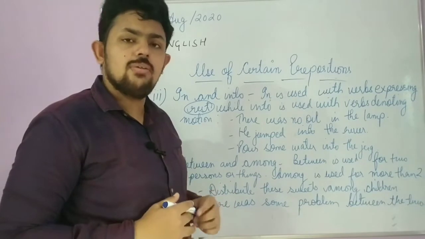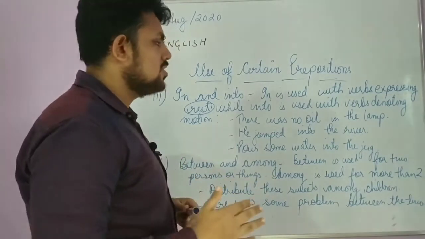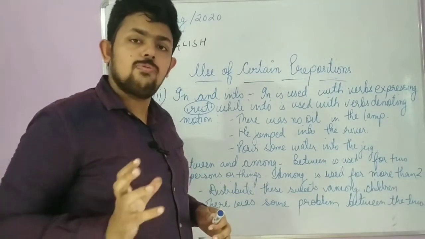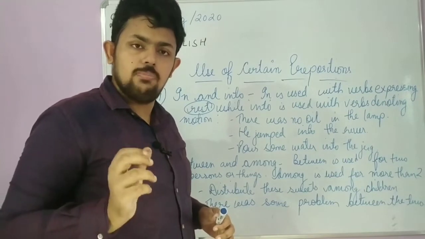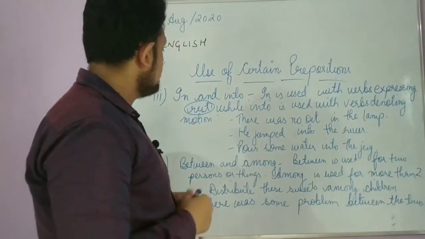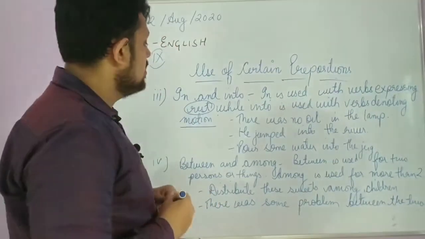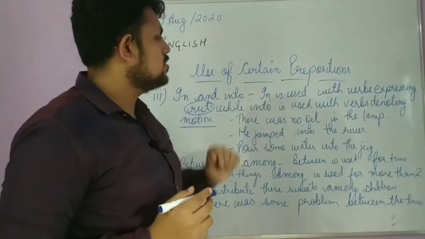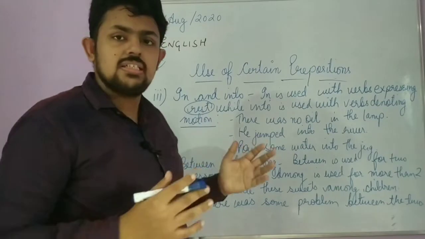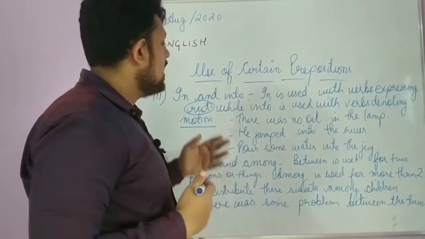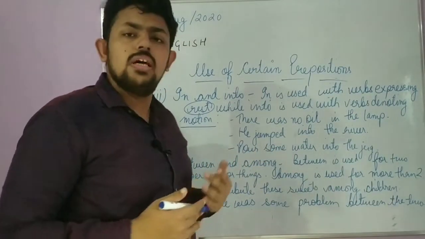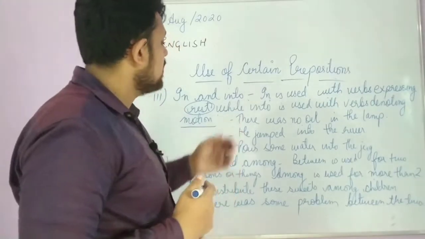Action and motion are different. How? Motion is when we are performing some action in present, so the motion of the car maybe. So in is used with verbs expressing the rest, whatever is left, while into is used with verbs denoting the motion.